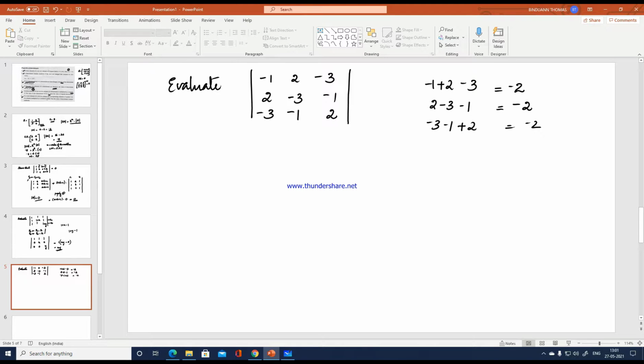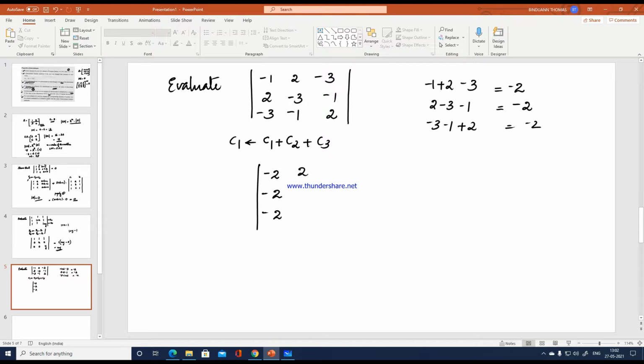Okay. So what will be the operation? So C1 is equal to C1 plus C2 plus C3. So we'll get the answer as minus 2, minus 2, minus 2.